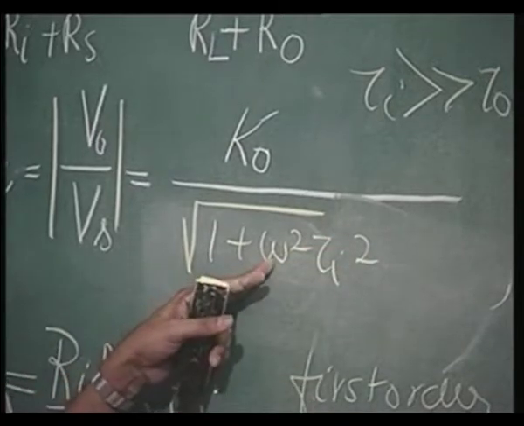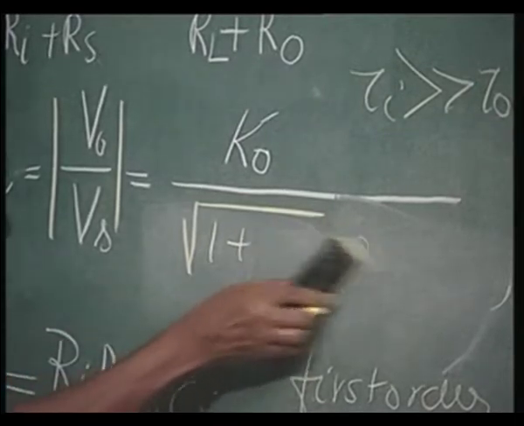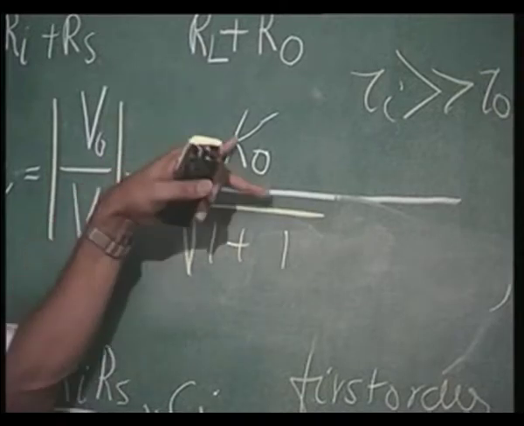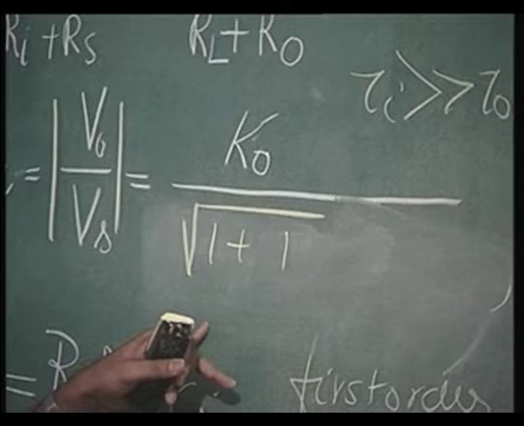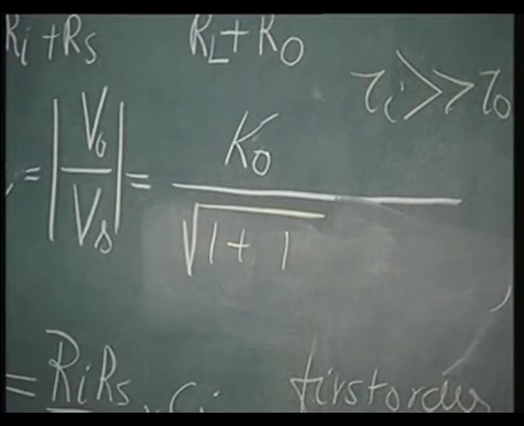Set omega equal to 1 over tau I, this factor becomes equal to 1. So this factor becomes k naught divided by root 2, and if you compare it with k naught, it has been reduced by 1 over root 2.